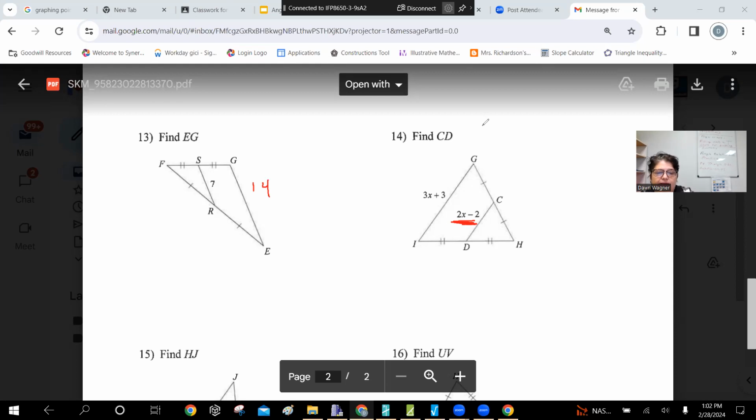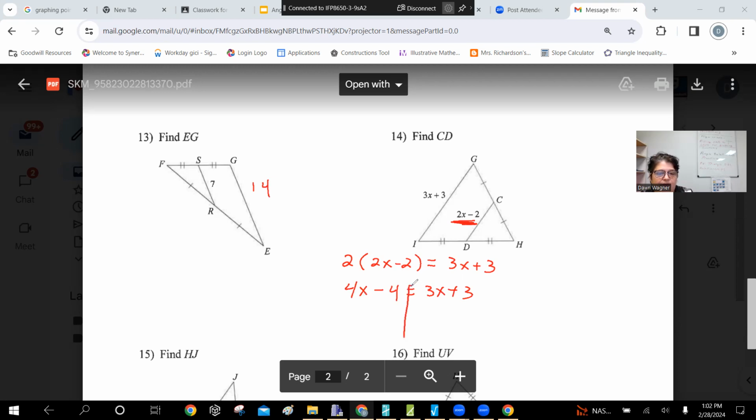So how to set this problem up is you would do 2 times 2x minus 2 and set that equal to 3x plus 3. So now you would just do your algebra. 2 times 2x is 4x. 2 times 2 is a minus 4. And then this is 3x plus 3.